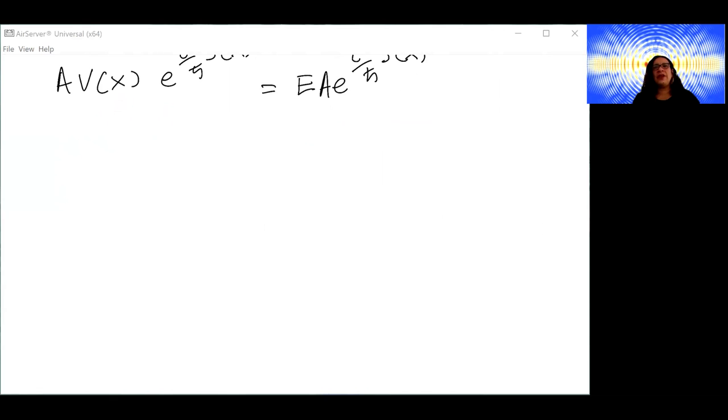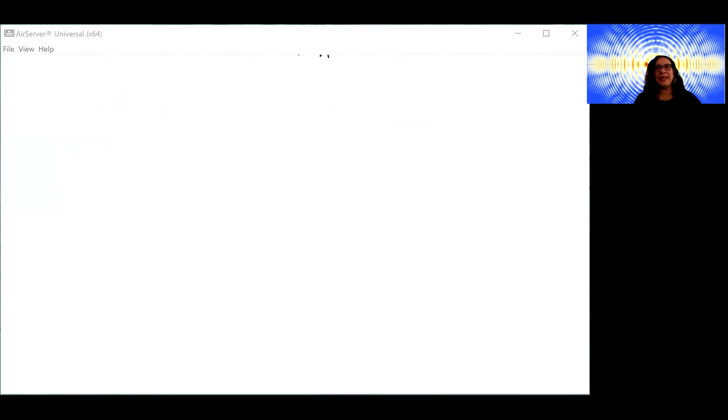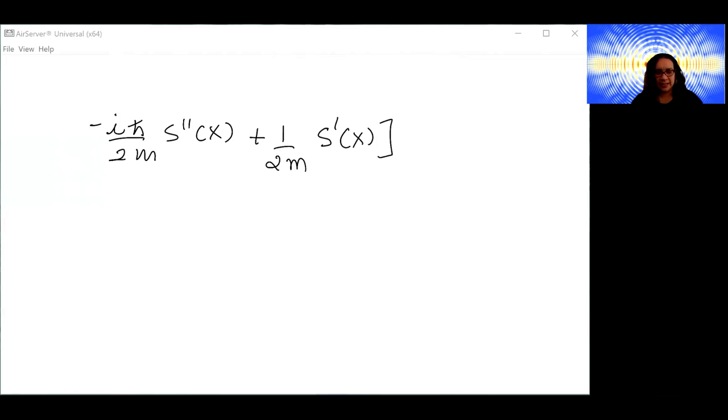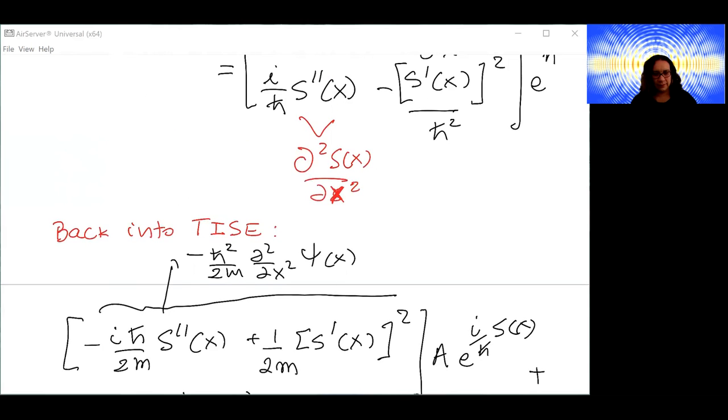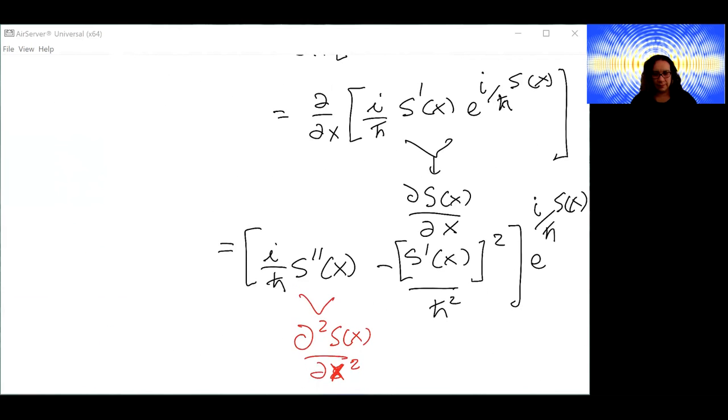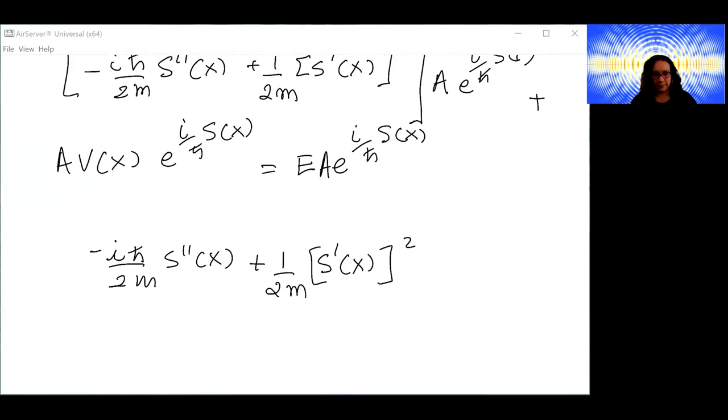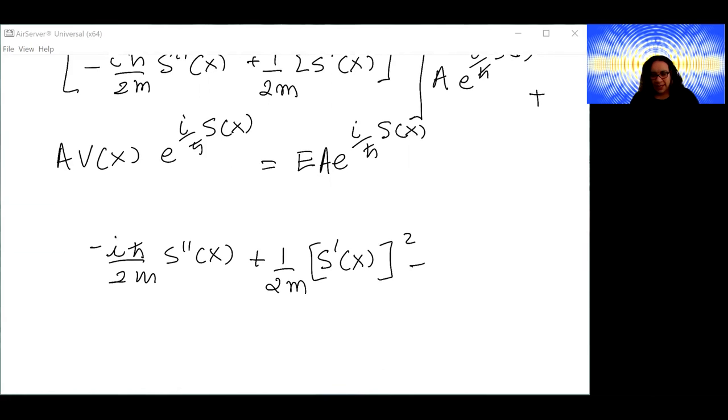So we can say that our time-independent Schrodinger equation has become, just making it a bit nicer, minus iħ/2m S''(x) plus 1/2m S'(x)² plus V(x) minus E is equal to 0.